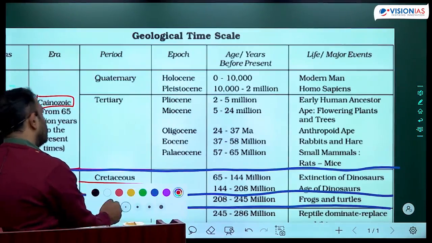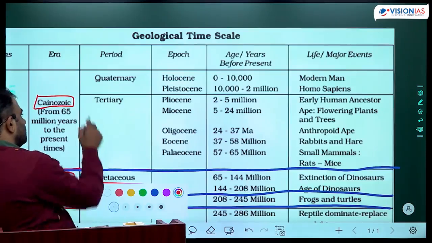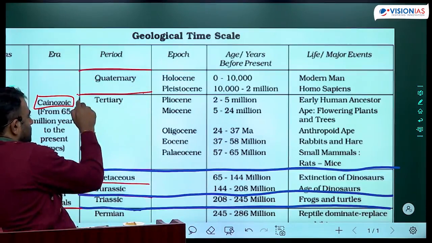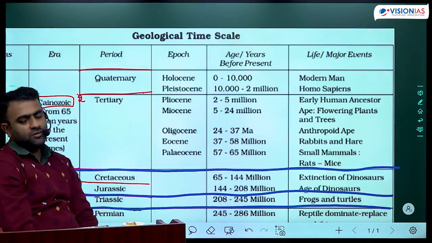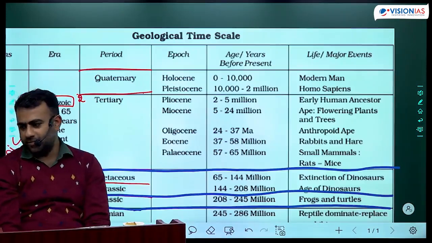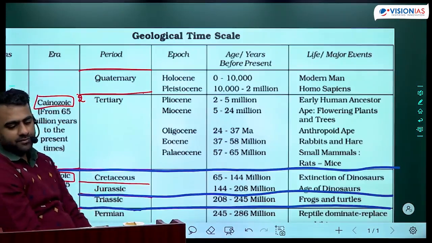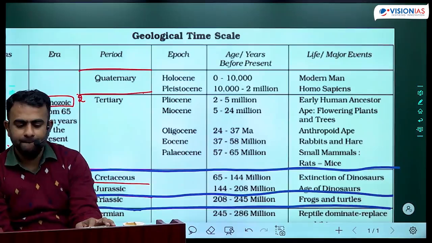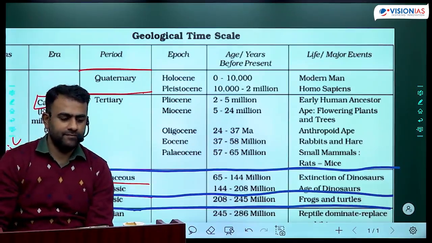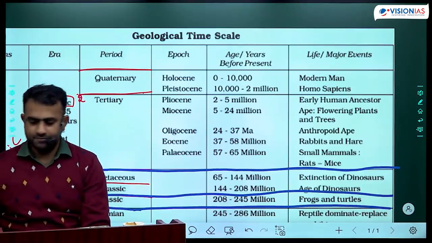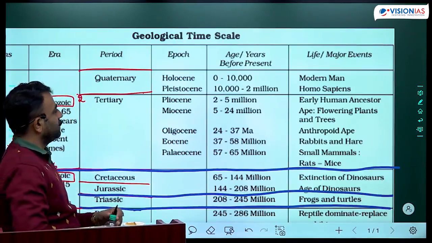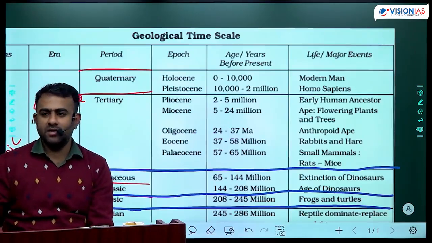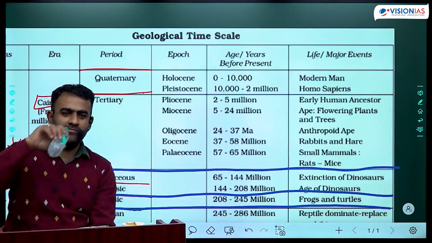The Cenozoic is divided into two periods, tertiary and quaternary. 66 to 2 million years is tertiary, 2 to present is quaternary.